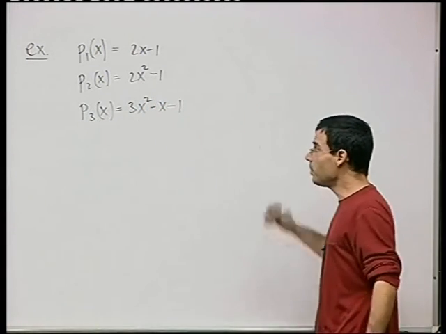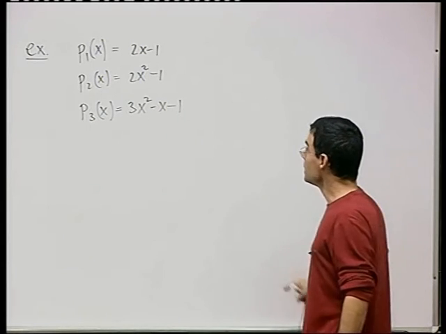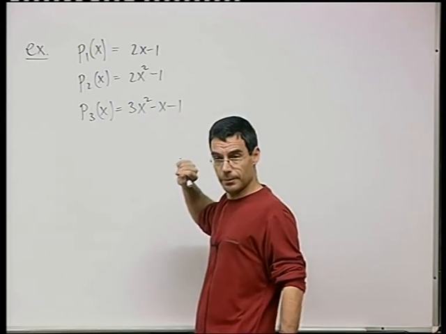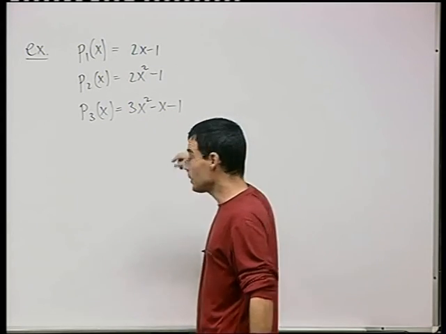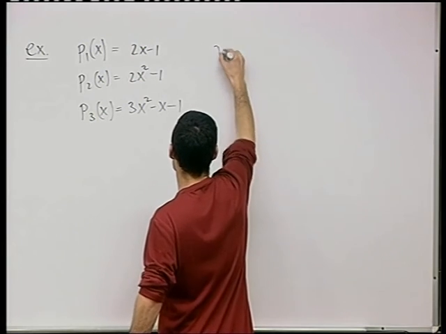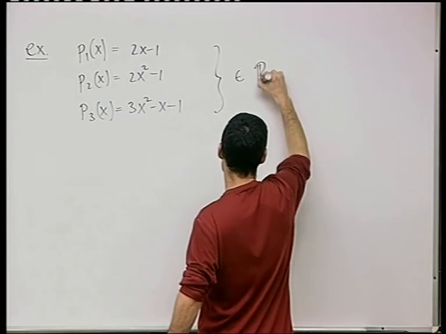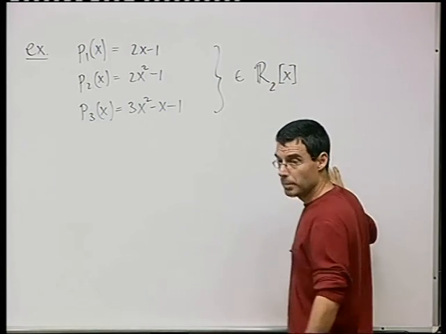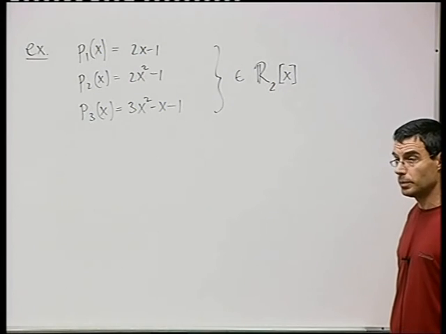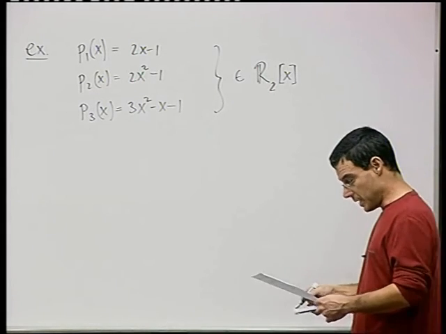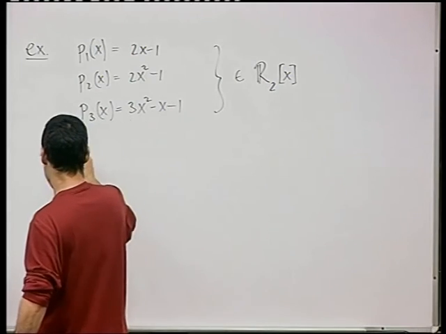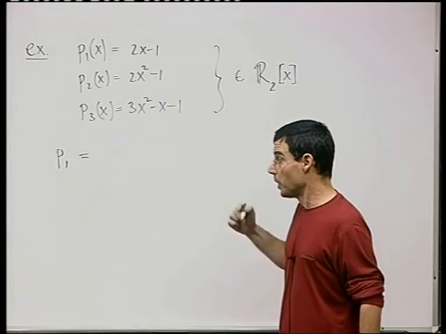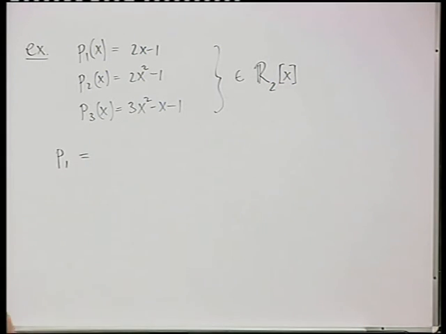So these are 3 polynomials in the set of polynomials of degree 2 or less over R. So we denoted it, these 3 belong to R2 of x, polynomials of degree less than or equal to 2. Good? I'm not going to show you how I get this, because this relates to what we're going to discuss next time, how we determine it.